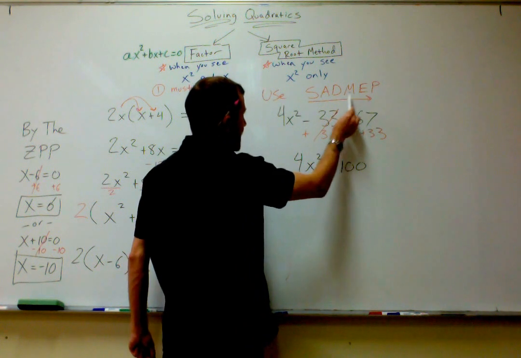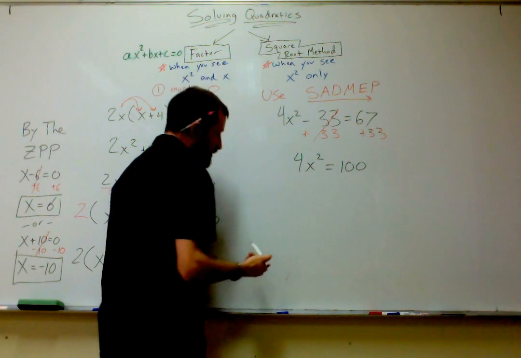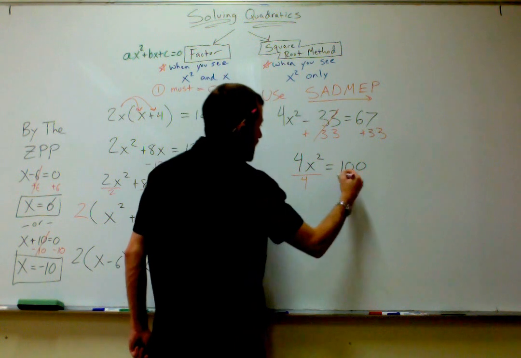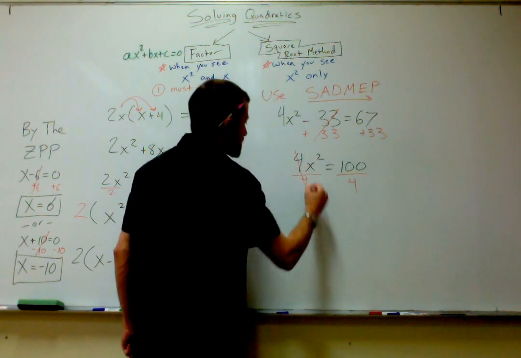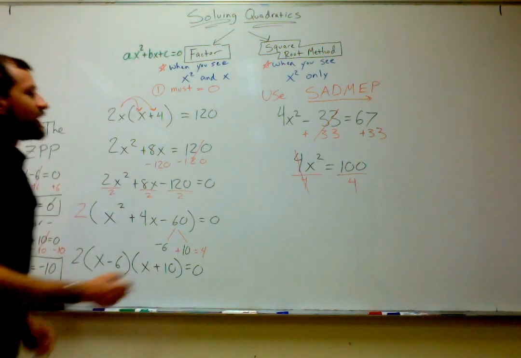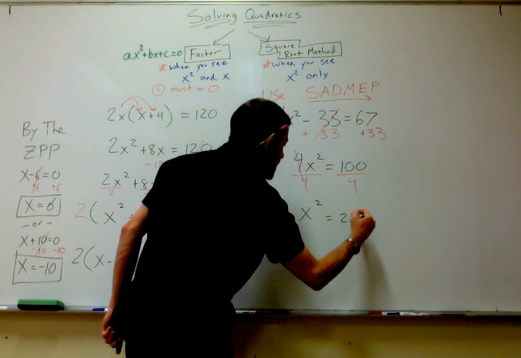Multiplication comes before exponents, so let's undo this multiplication. The inverse of multiplying is dividing. So if I divide by 4 on both sides, that will cancel with my multiplying by 4. I can then rewrite x squared equals 25.